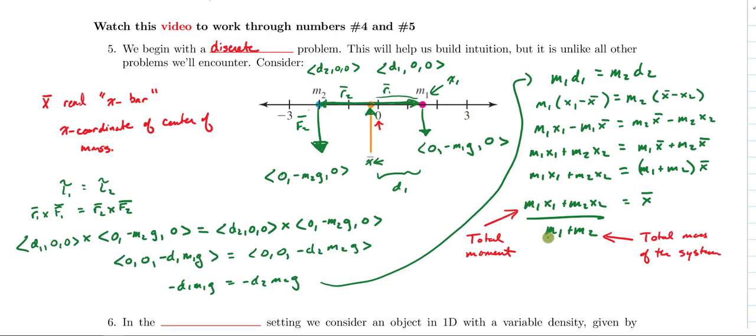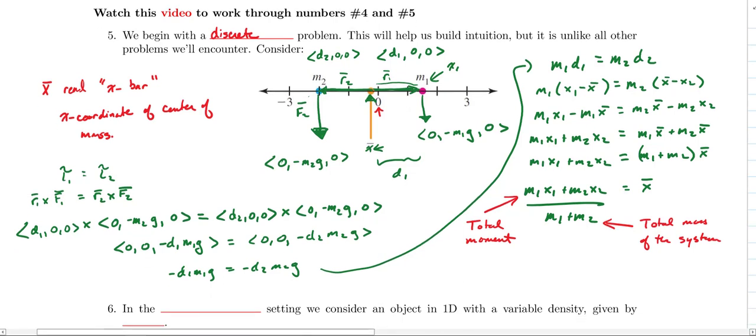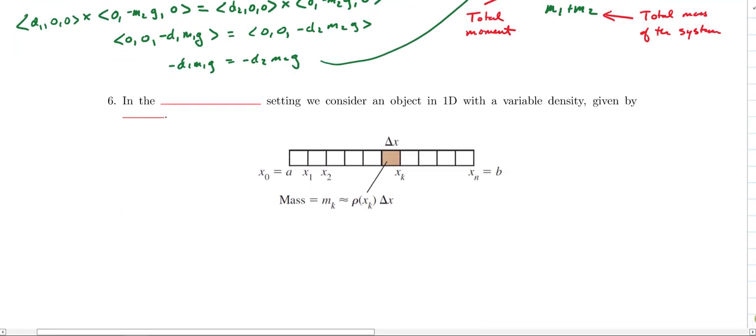But for right now, because we're just doing this for one dimension, we refer to the entire numerator as the total moment. Now, the thing that I want you to take from that is that in computing the total moment up here, I take each point mass and multiply it by its x1 or x2 coordinate, the coordinates for those masses. All right. That's actually going to give us an insight for how we're going to now do this in the continuous case.